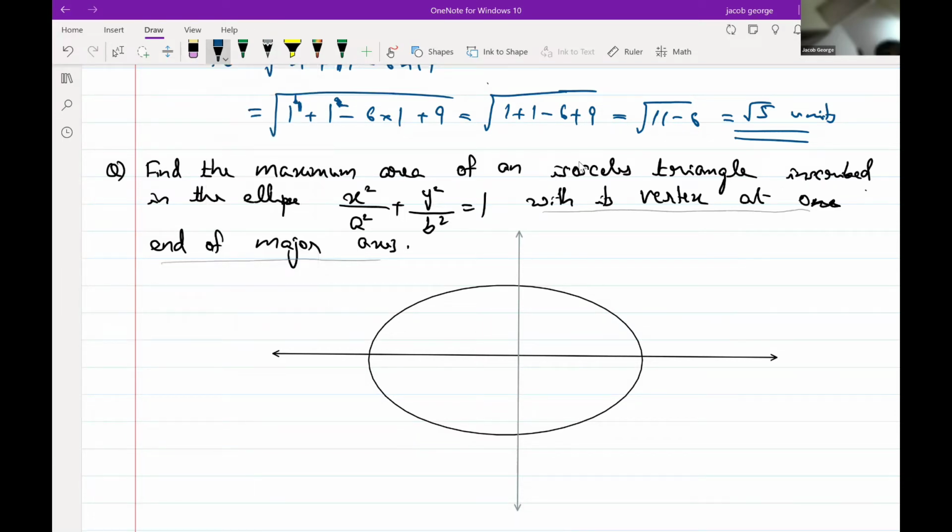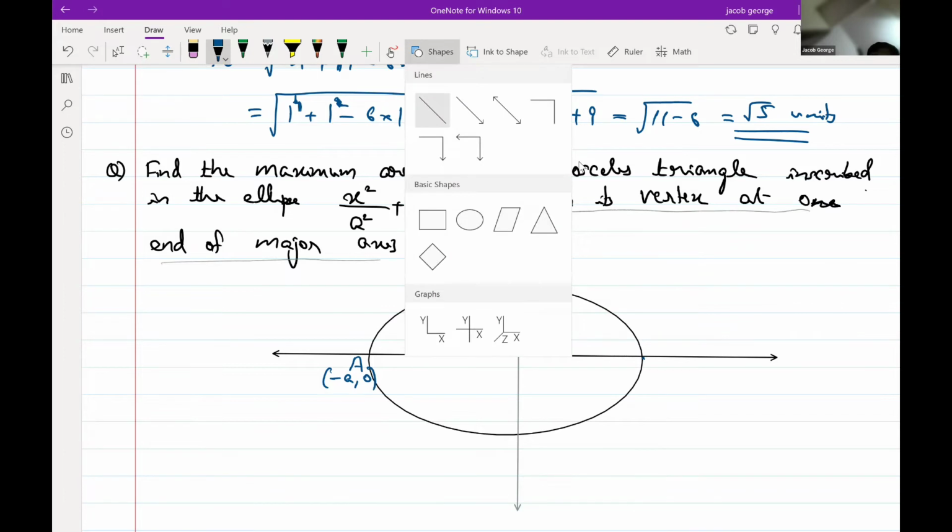So this one, capital A. Coordinate of capital A, everybody knows, minus a comma 0. Last year we studied ellipse in detail. This is minus a, 0. And this is the other end of the major axis. So I will keep the isosceles triangle vertex on this end at A.